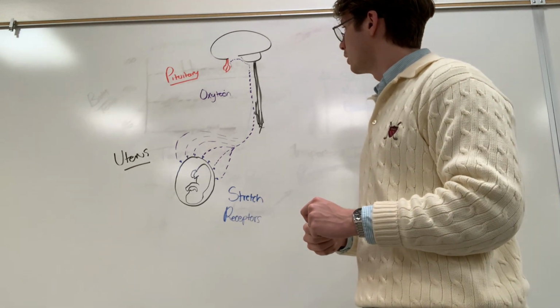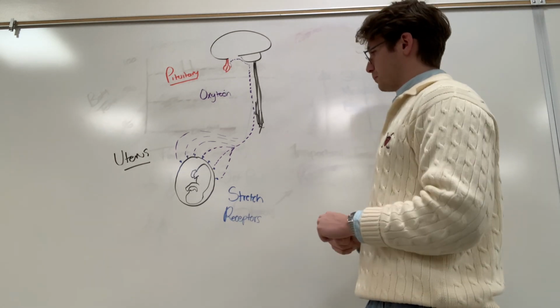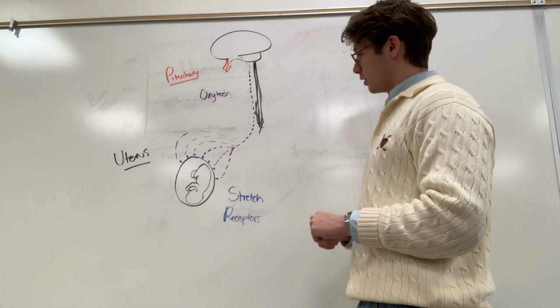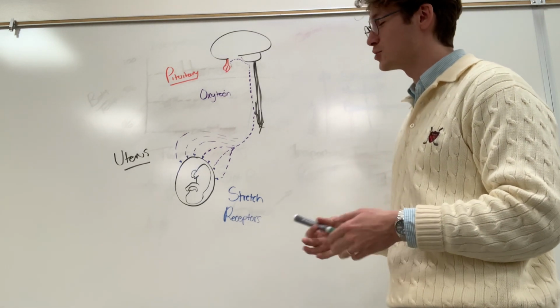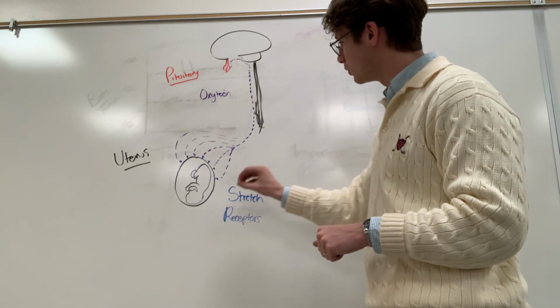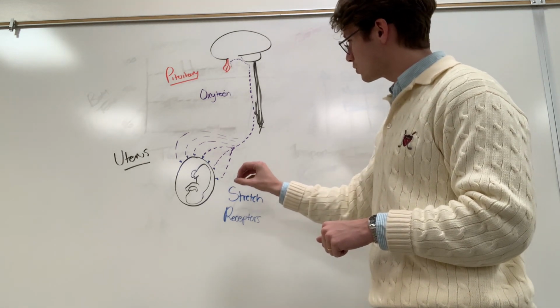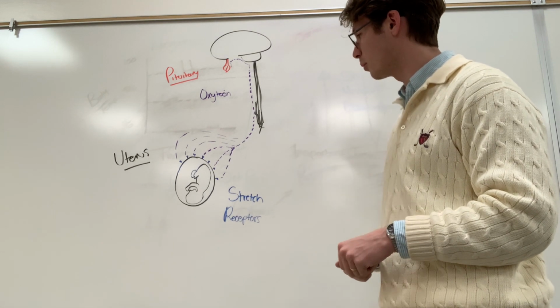And so, basically, when a woman is going into labor, what's happening is the uterus is starting to stretch because the baby's ready to come out.